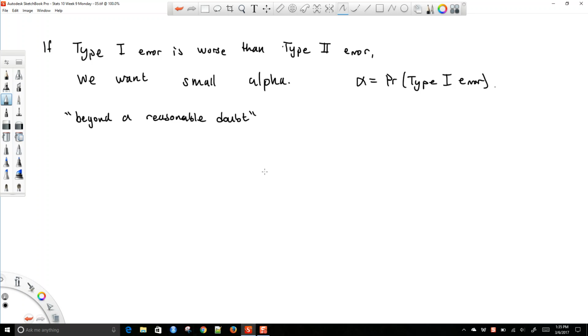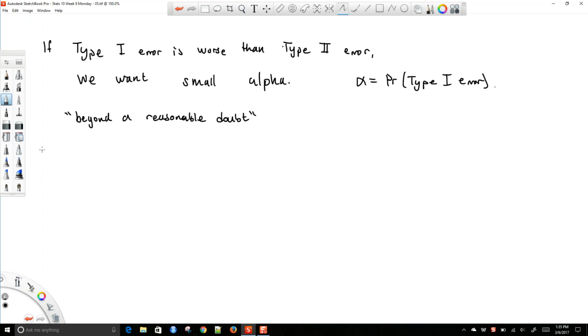They don't want people convicting someone because they just have a gut feeling that the person is guilty. They don't want decisions based on a hunch, but they want them to be confident beyond a reasonable doubt.